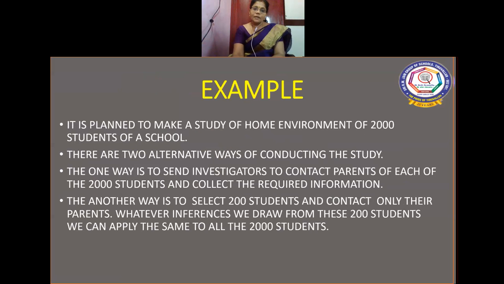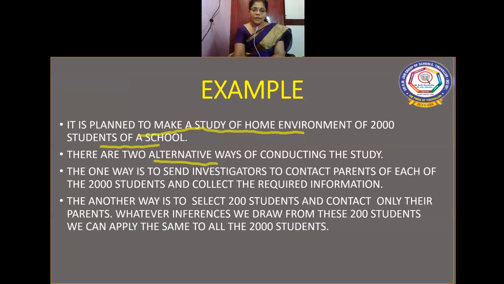Now the same thing we are going to understand with a simple example. If we are planning to make a study of the home environment of 2000 students of a school, there are two alternative ways of conducting the survey: census survey method and sample survey method.